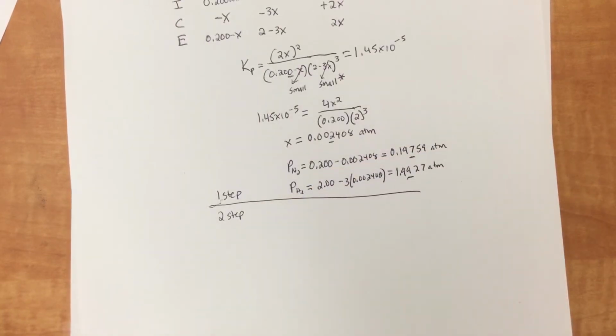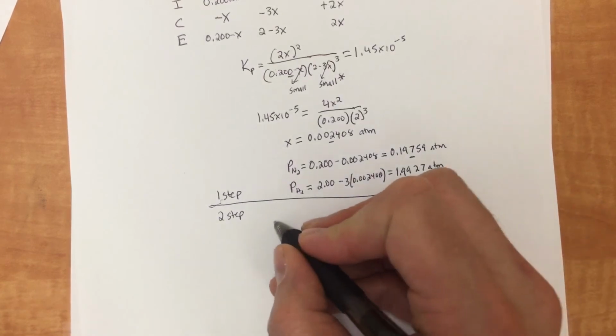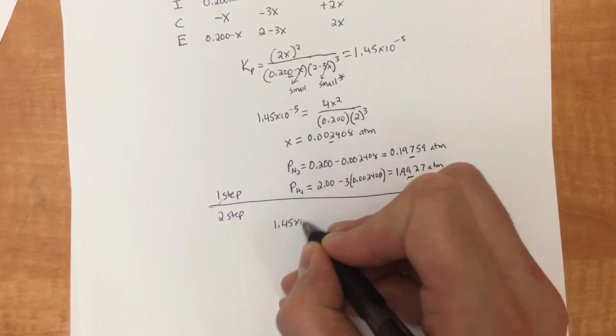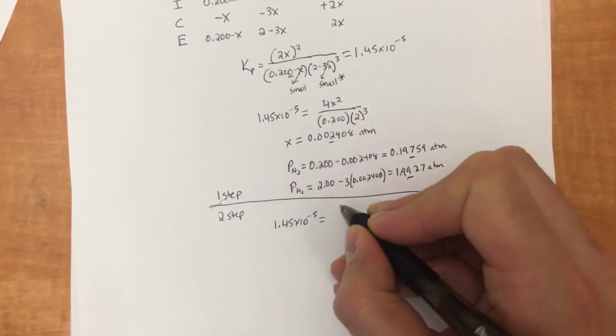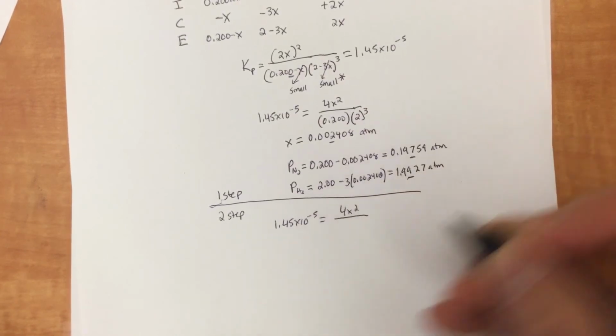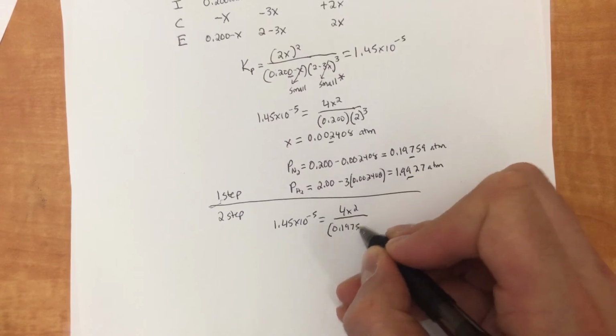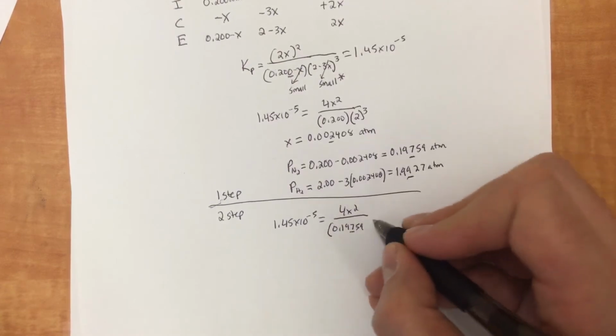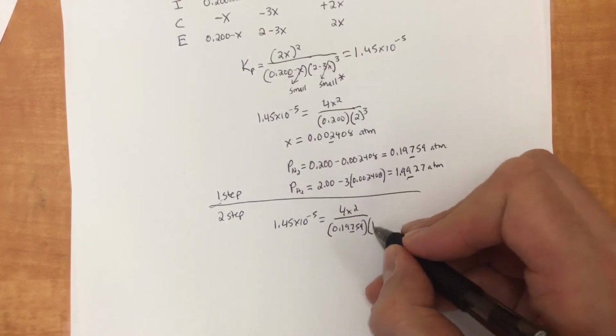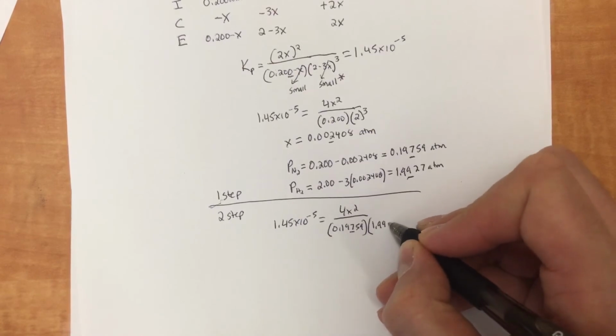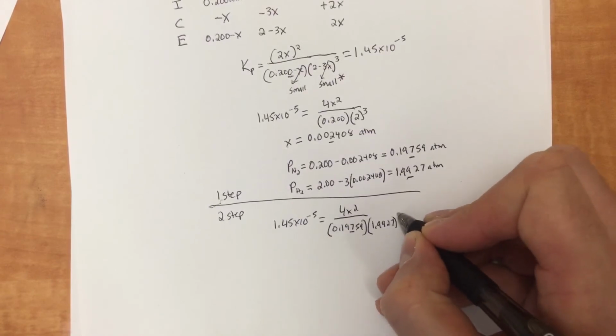There's our second step. All right, so we are going to take those values and say 1.45 times 10 to the minus 5 equals 4x squared over 0.19759 times 1.9927 cubed.